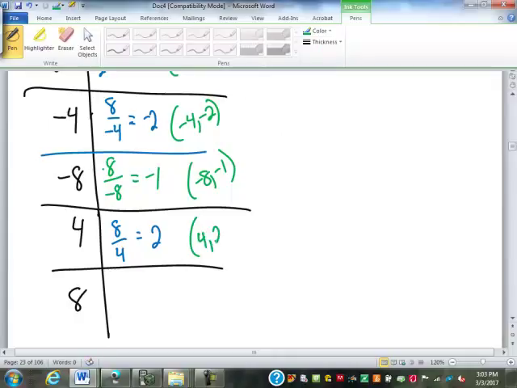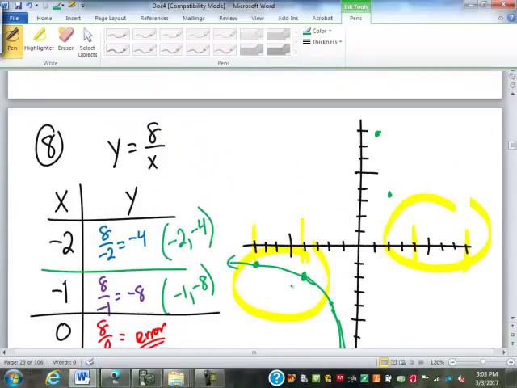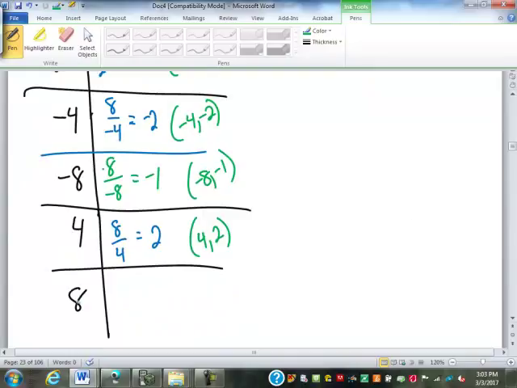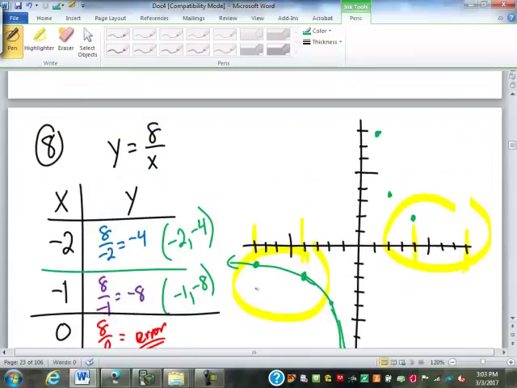So x is 4, y is 2 is right there. Next, when x was 8, y is 8 divided by 8, which is 1, good. x is 8, y is 1 is right there. So this appears to be shaped something like this.